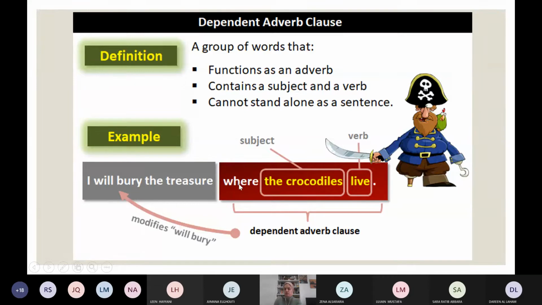It starts with where. And teacher, you said that sometimes it starts with when and where when it modifies a place or a time. But here, where is not a relative adverb. It's not modifying a place or a time. It modifies will bury. Where will you bury the treasure? Where the crocodiles live. So here it answers the question, where will you bury? So this is a dependent adverb clause, modifying the verb will bury.